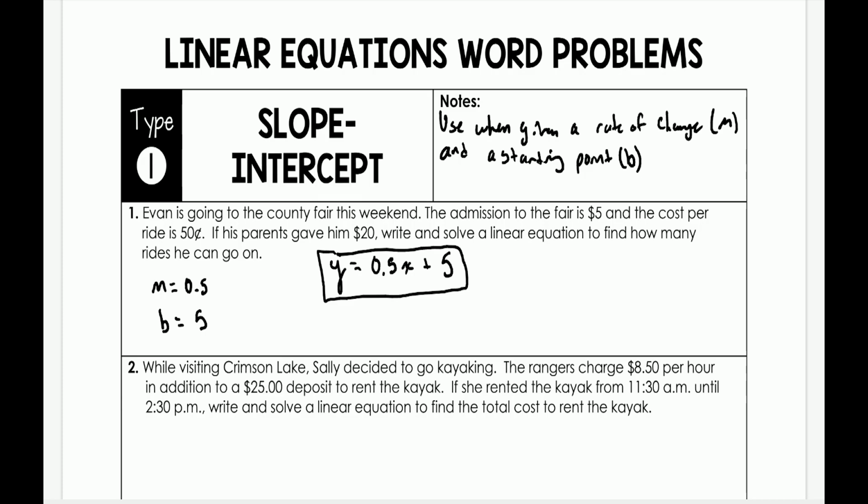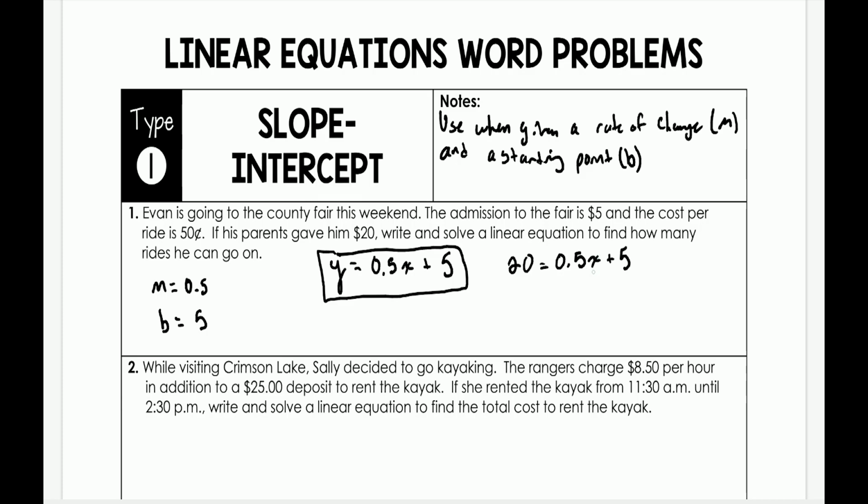Well, how much money does his parents give him? $20. He's already spent $5 to get inside the fair. Okay? So, he started out with $20. So we're going to change y into 20, and set that equal to the equation that we found. And now we're going to solve for x.